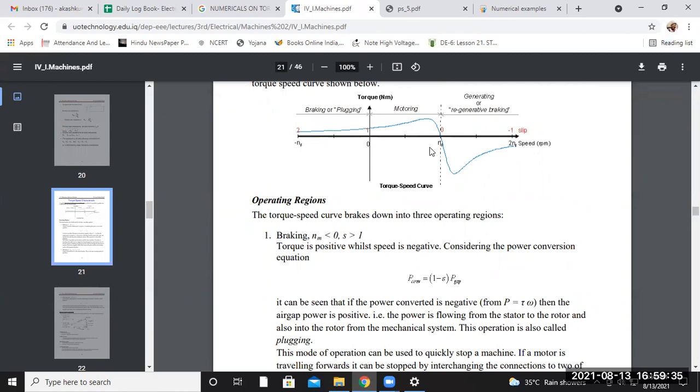Similarly for speed, the rotor speed varies from 0 to Ns, that is, the rotor speed is greater than 0 but less than synchronous speed. That gives you the motoring operating region.